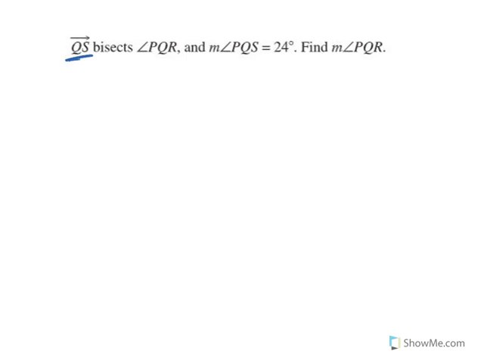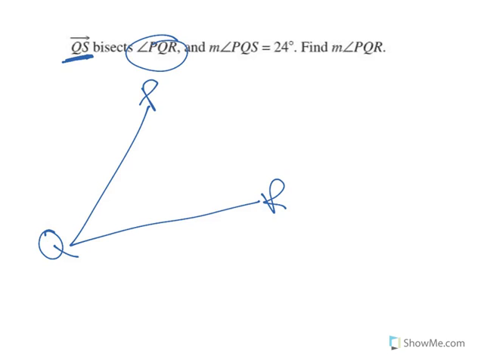So it tells us that QS bisects angle PQR. So we have a ray QS that bisects this angle. So let's draw PQR, okay? And we have a ray that starts at Q and it bisects this angle. So that means it goes up like this, and that gives us S. So it starts at Q, right? And it bisects.